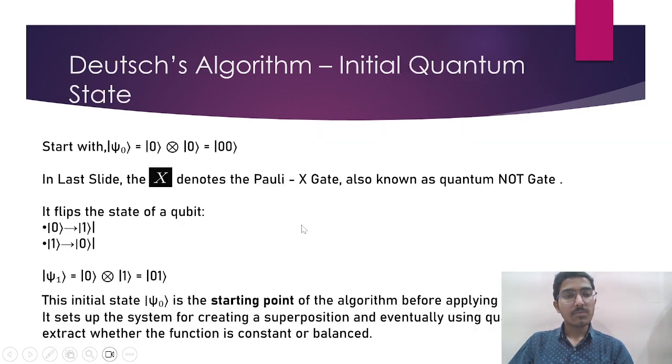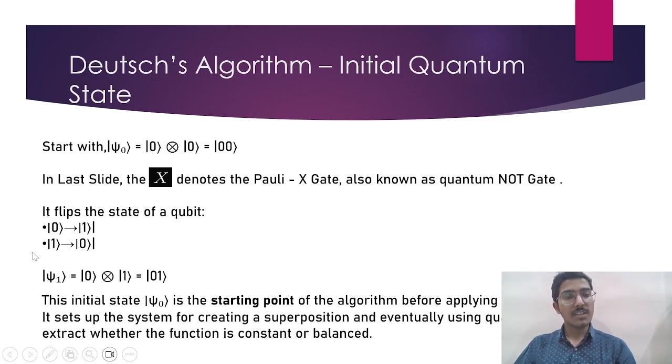Now we start with the initial quantum state, in which qubit 0 XOR with qubit 0, then the result will be 0 qubit. In the last slide, we know that X denotes the Pauli X gate, also known as the quantum NOT gate. It flips the state of the qubit, 1 qubit to 0 qubit, or 0 qubit to 1 qubit.